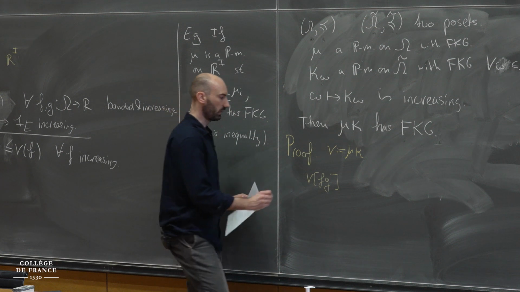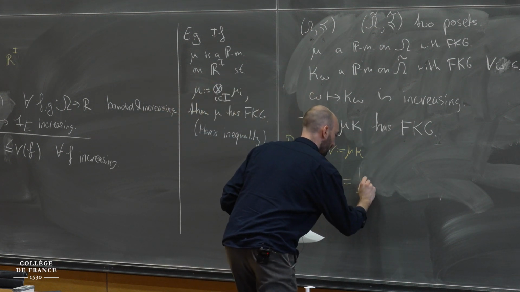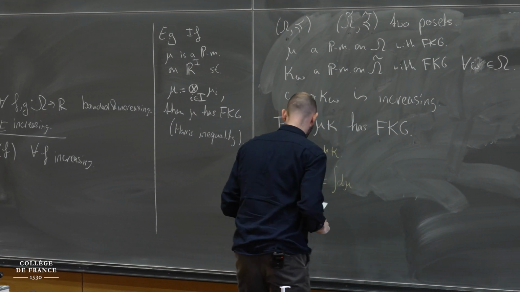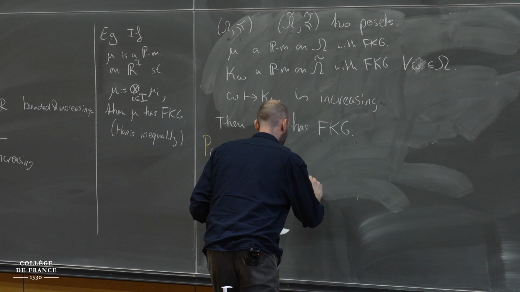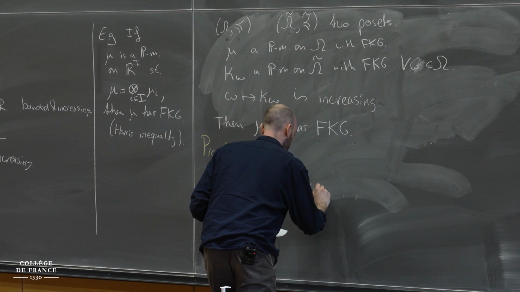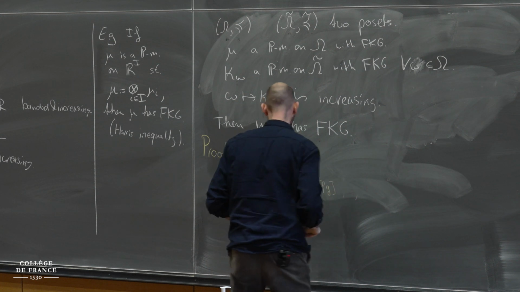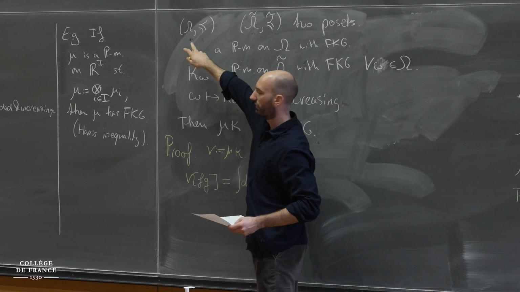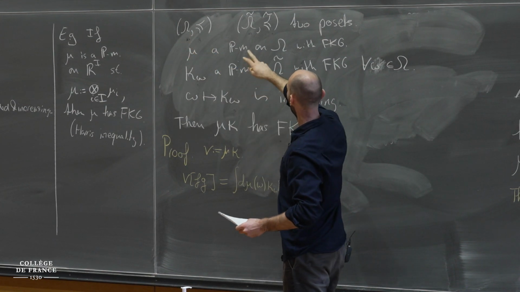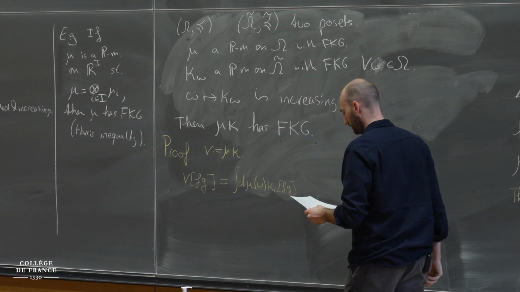By definition of nu, this is just equal to, we integrate with respect to omega, and then we take kappa omega of f g. So this is really just the definition of nu, right? Because for nu, we first sample from omega, condition on that we sample there, and that's just this measure.